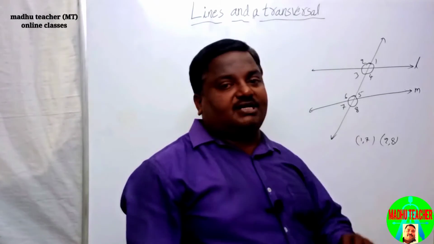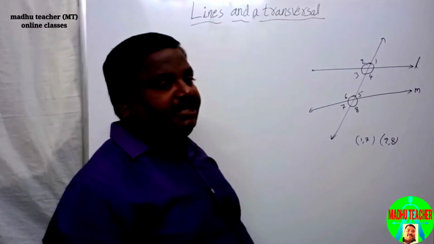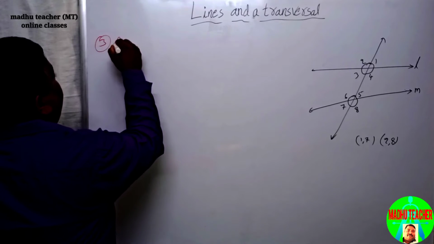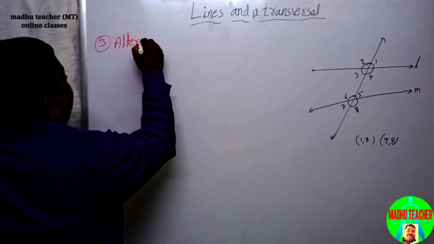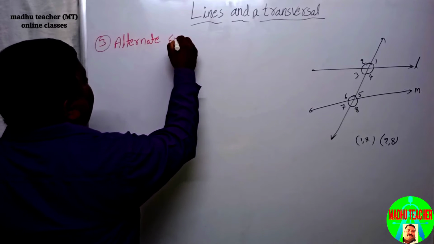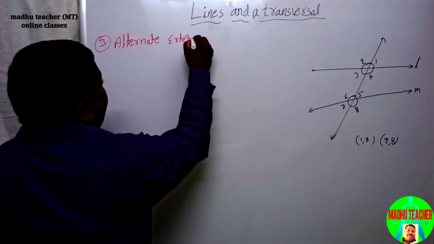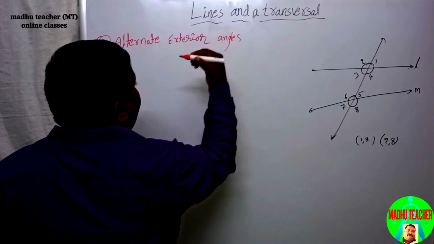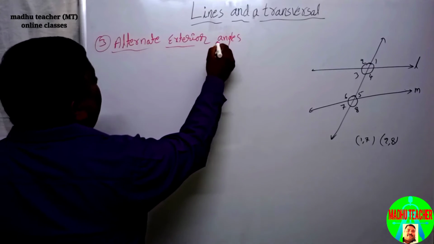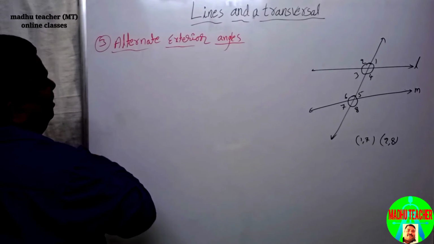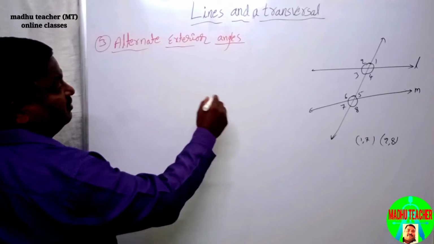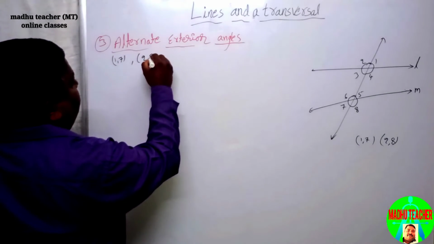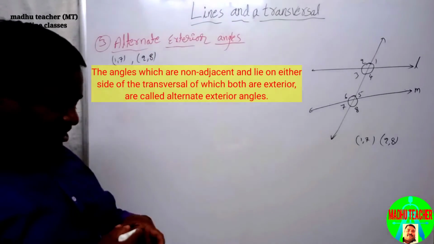These types of angles are called alternate exterior angles. So what are the alternate exterior angles? They are 1 comma 7 and 2 comma 8.